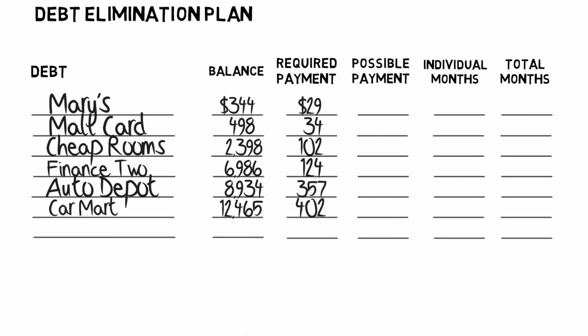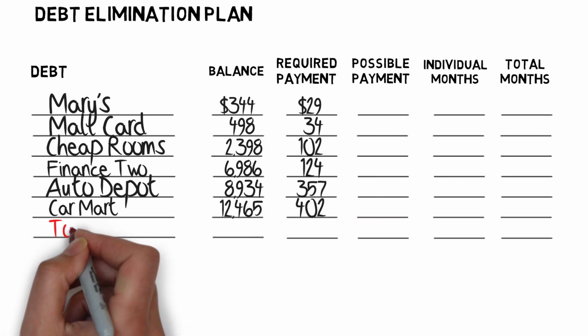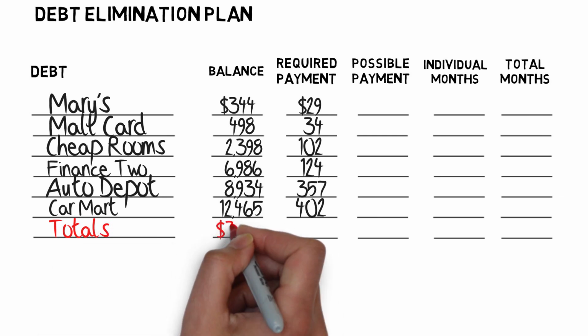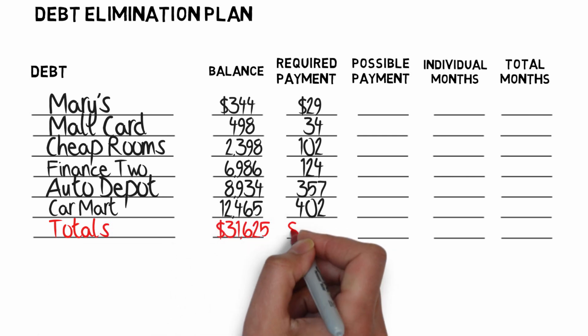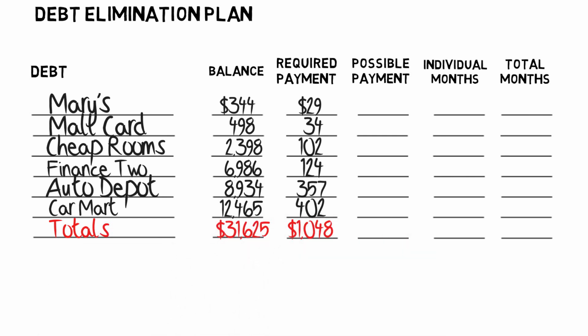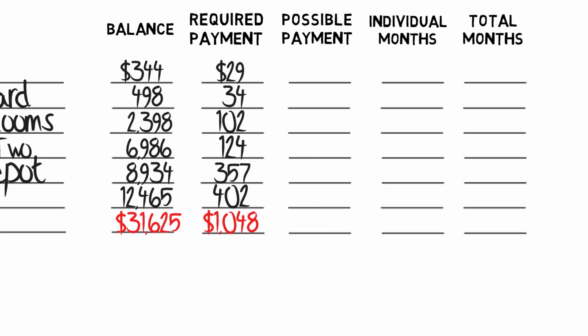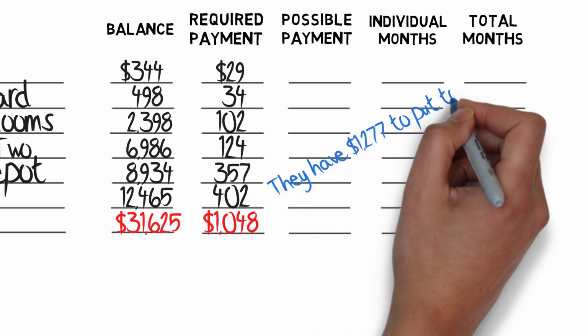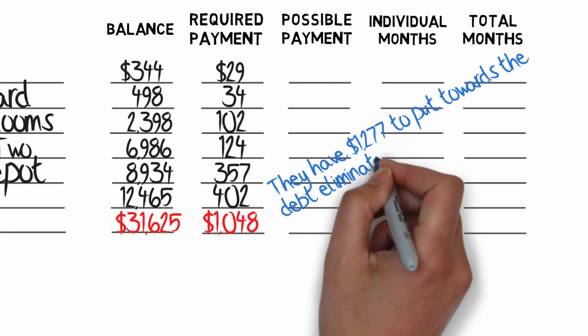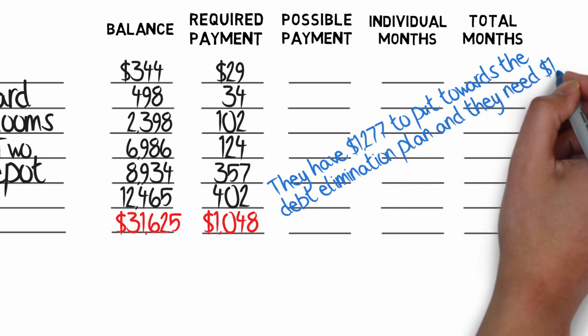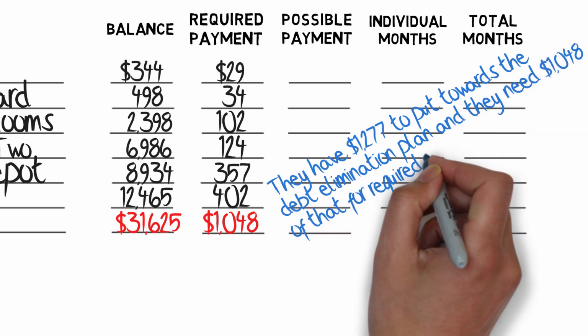Now total up the overall amount of debt and the amount of money needed to meet all of their required payments and write them on the next row. With this, we see that they have $1,277 available to pay off their debt according to their budget, and they need $1,048 for required payments.